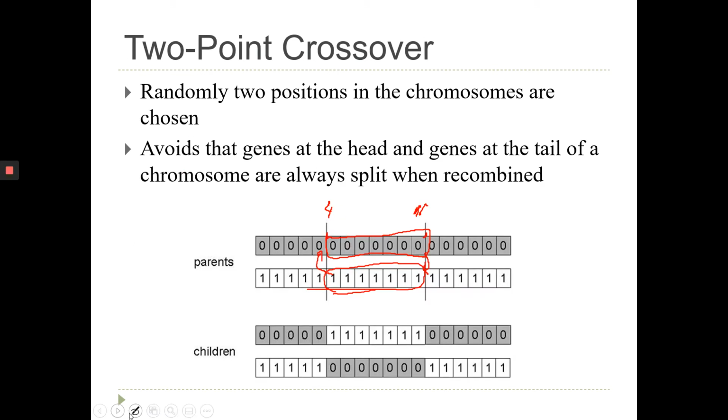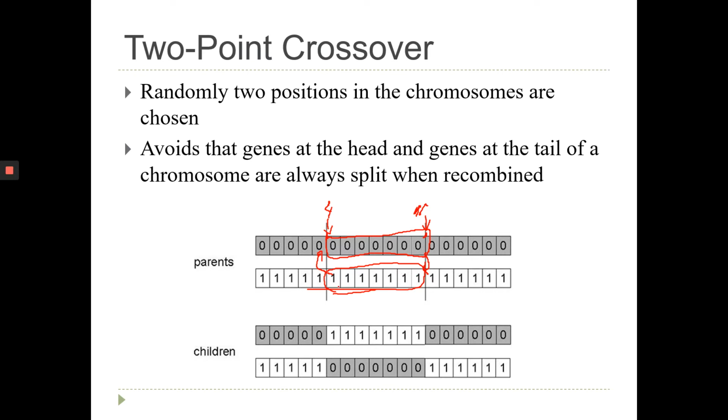Two-point is to select the first point and a second point, maybe this point and this point. Here I will do crossover with these genes. These genes will not be changed, only the genes between the points will be changed.